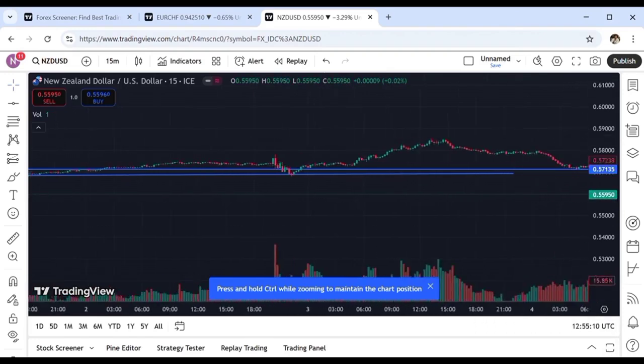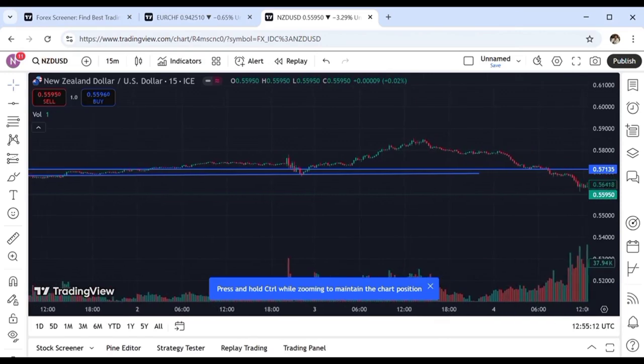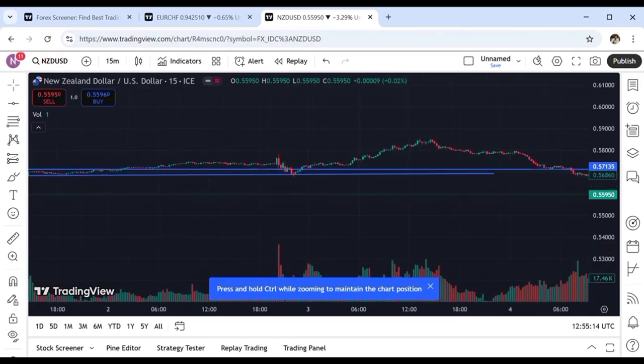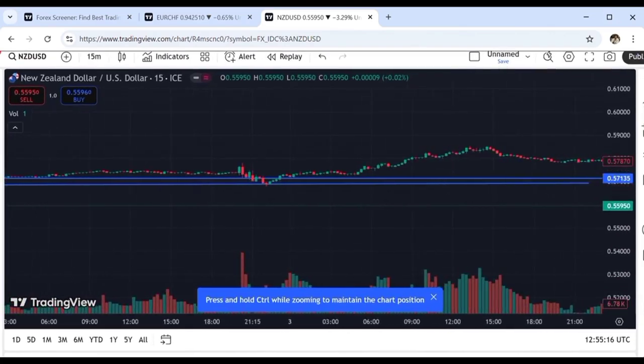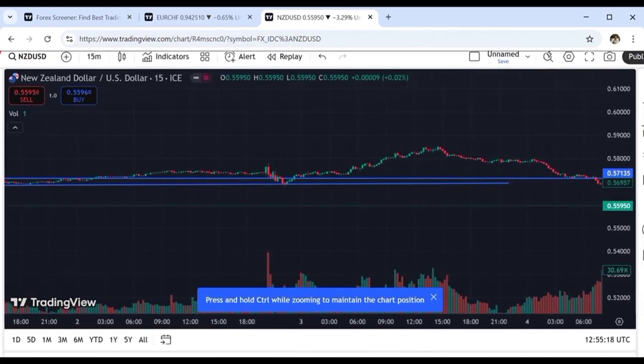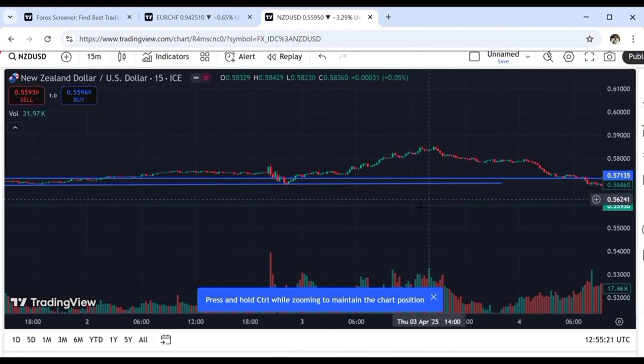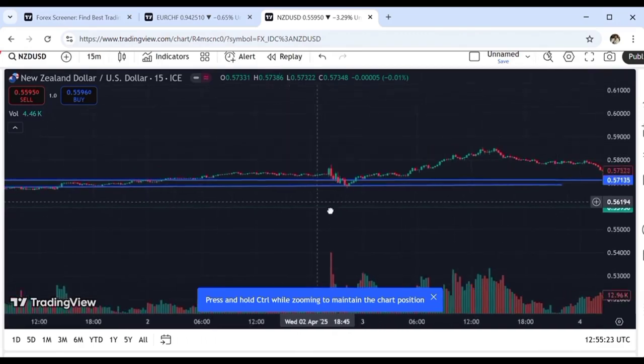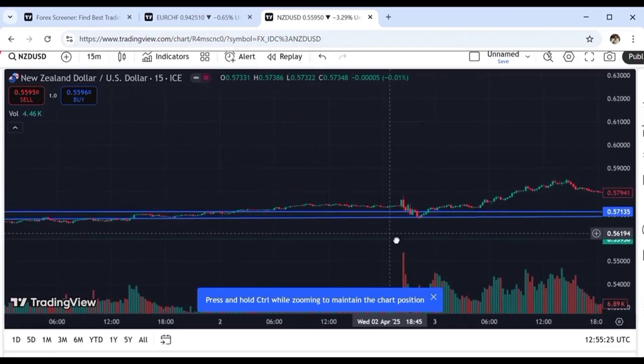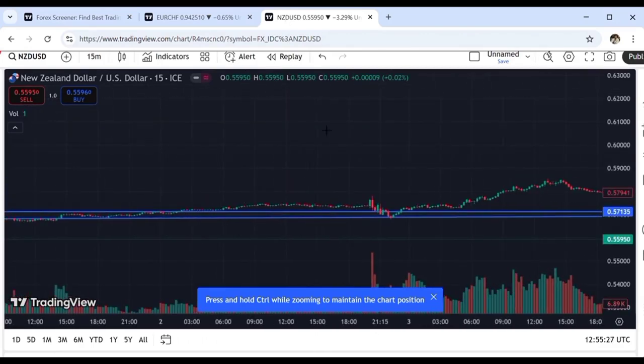Need to make it okay. So this is my 15 minutes. I don't know why the chart is now very small. Let me refresh my browser. Reload.